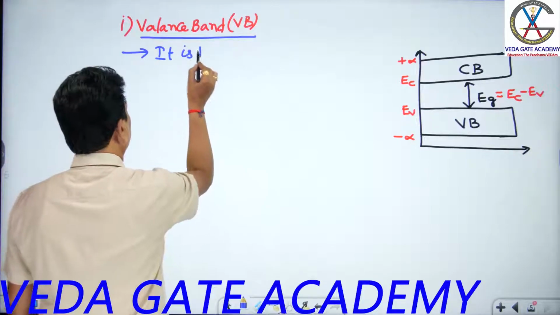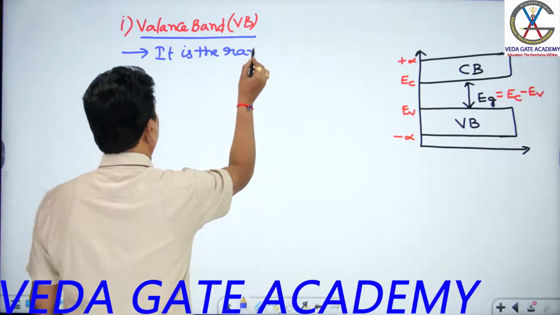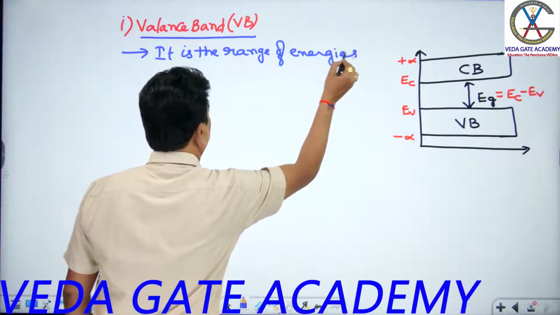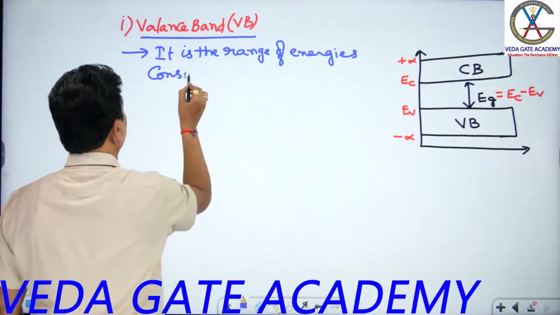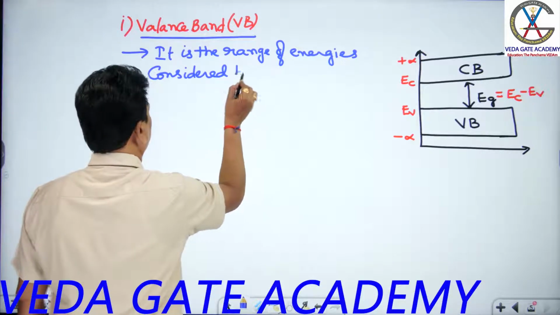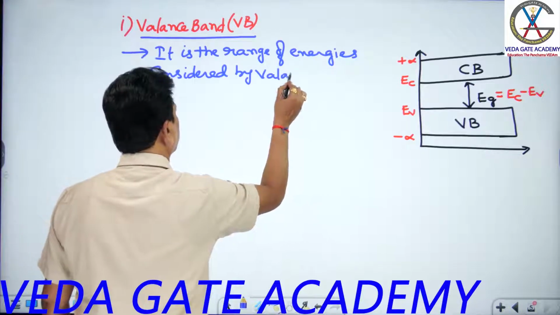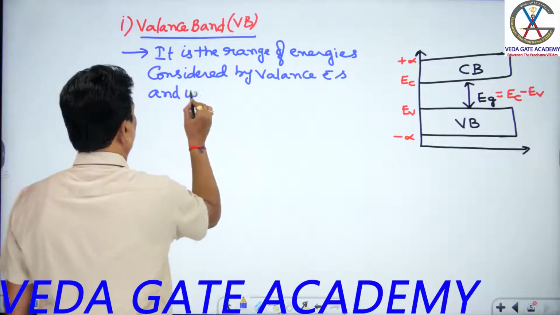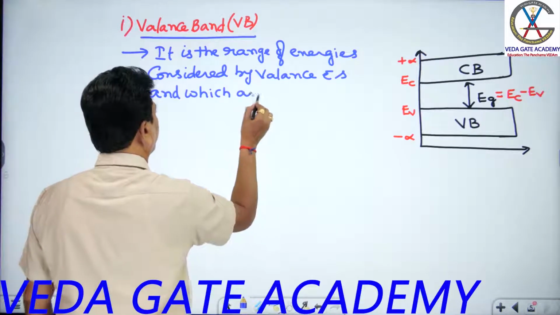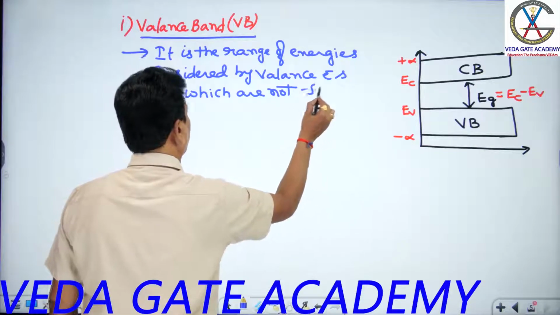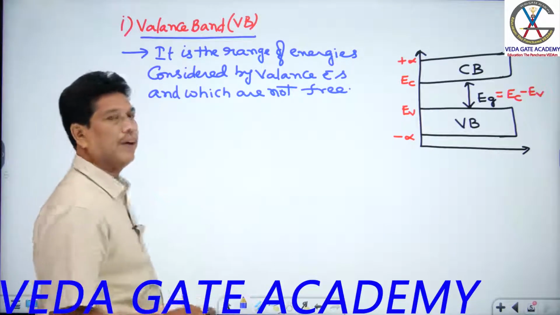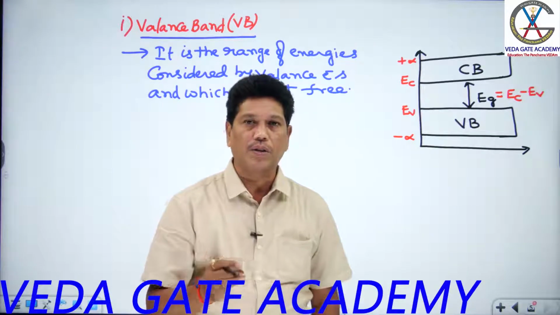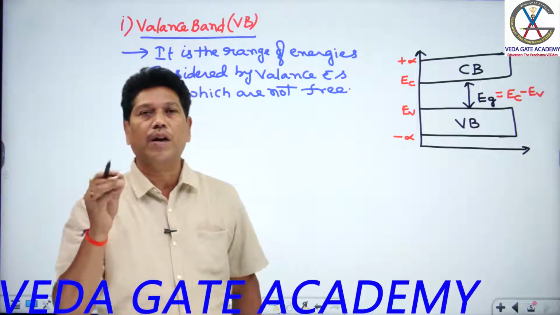It is the range of energies considered by valence electrons, which are not free. So simply remember it is the area related to bound electrons. As long as the electron is in the valence band, it is not free.